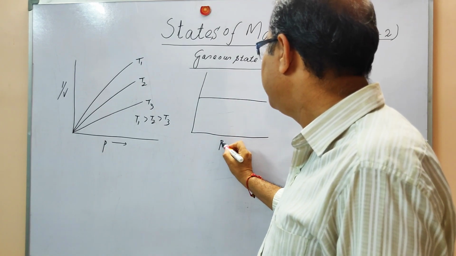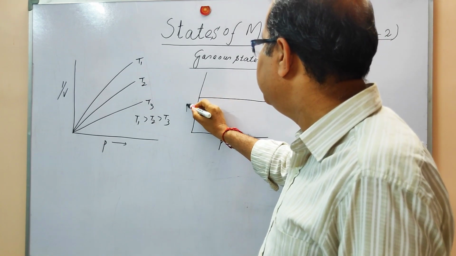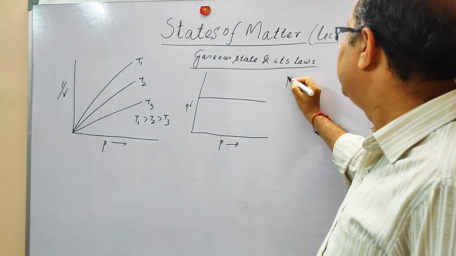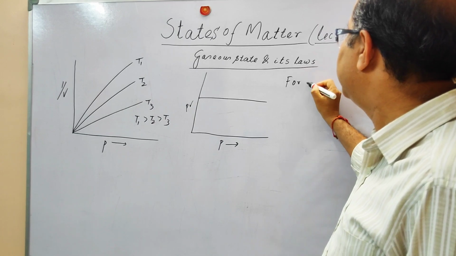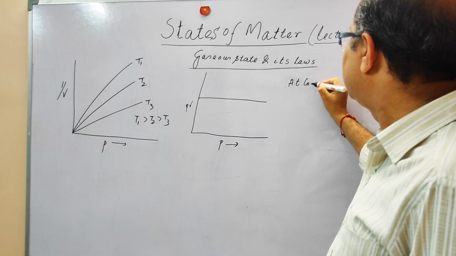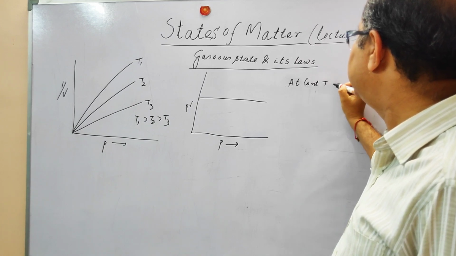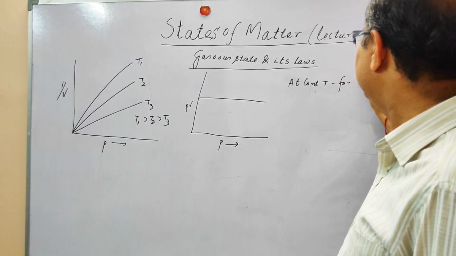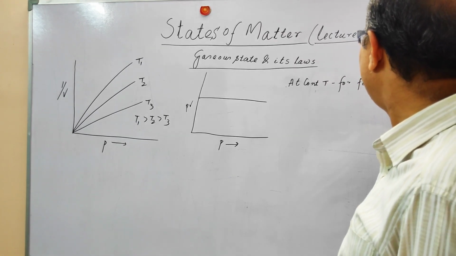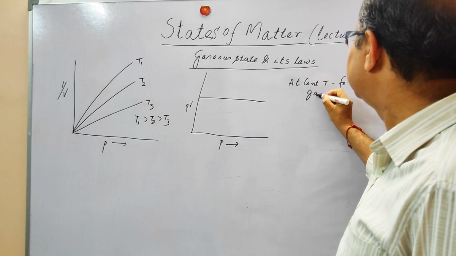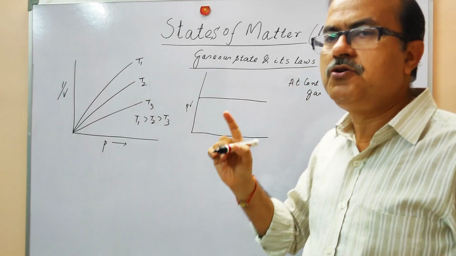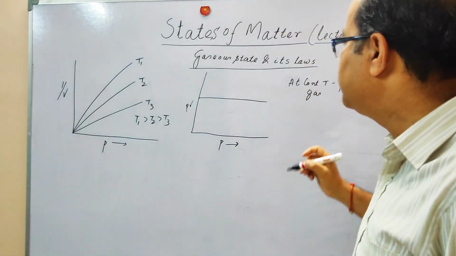When we plot PV versus P at constant temperature, for a fixed amount, a fixed number of moles of gas, the product of pressure and volume, PV, will always be a constant.